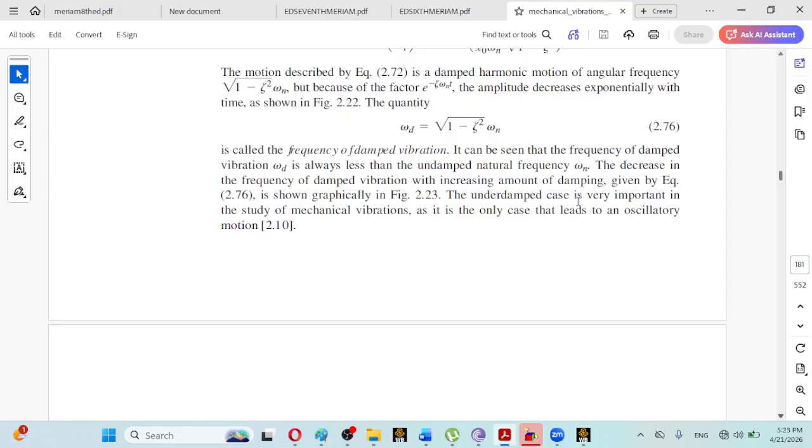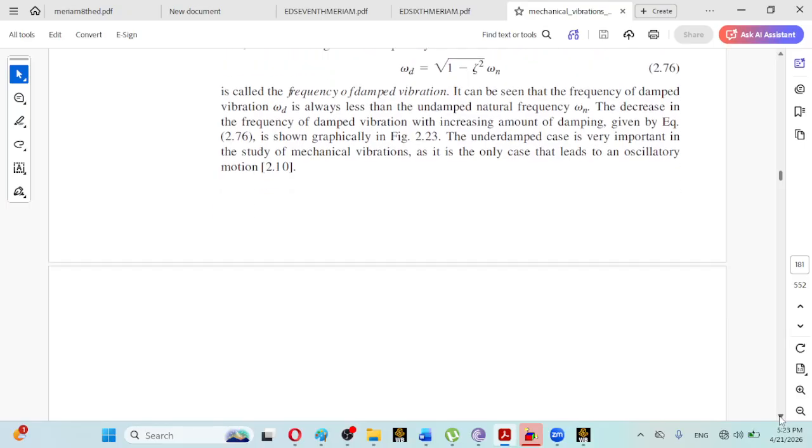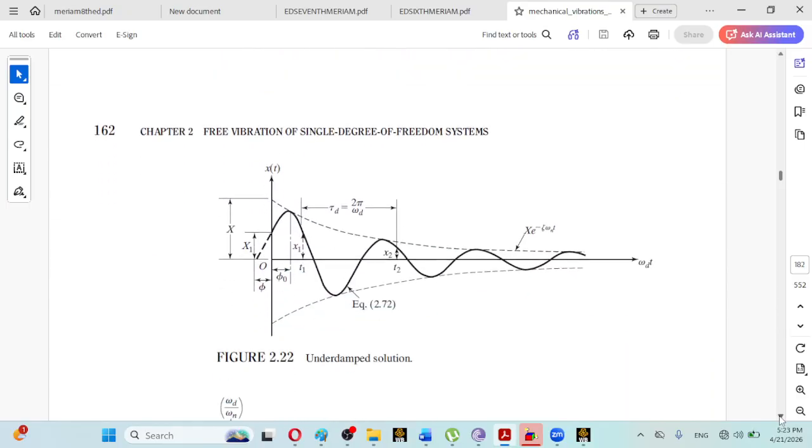The underdamped case is very important in the study of mechanical vibration, as it is the only case that leads to an oscillatory motion, because it gives you cyclic motion or periodic motion like this, as you can observe here. And I have explained to you that the equation was the product of two terms.